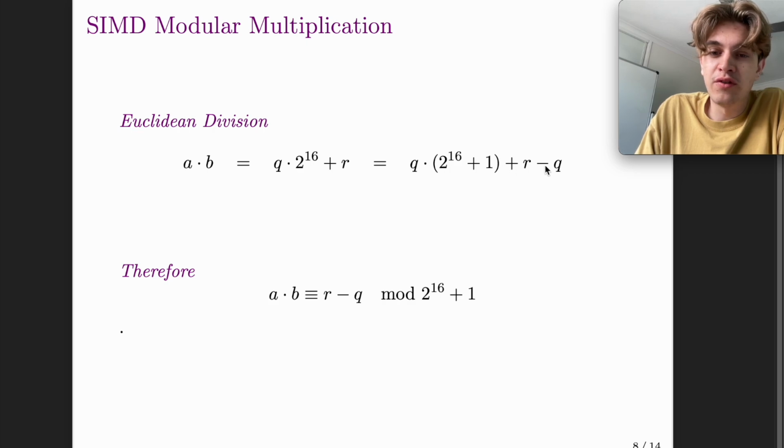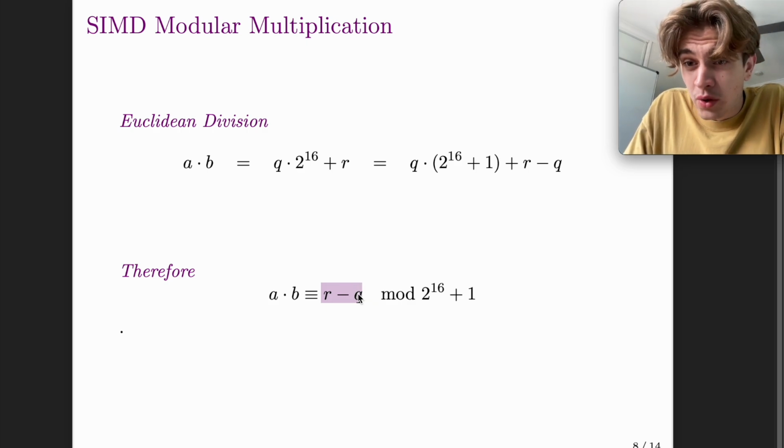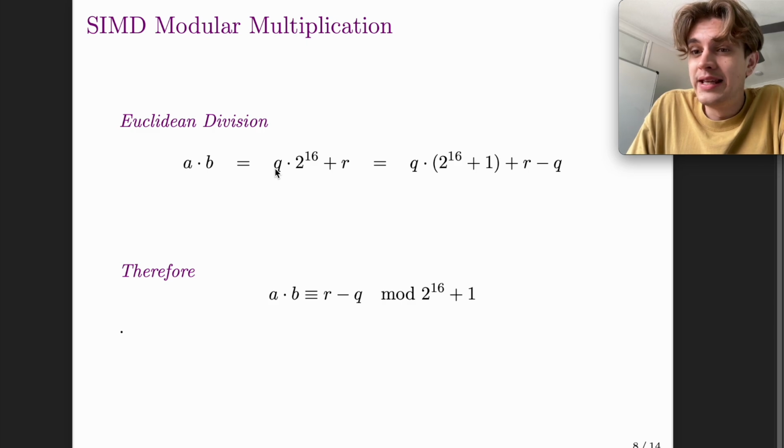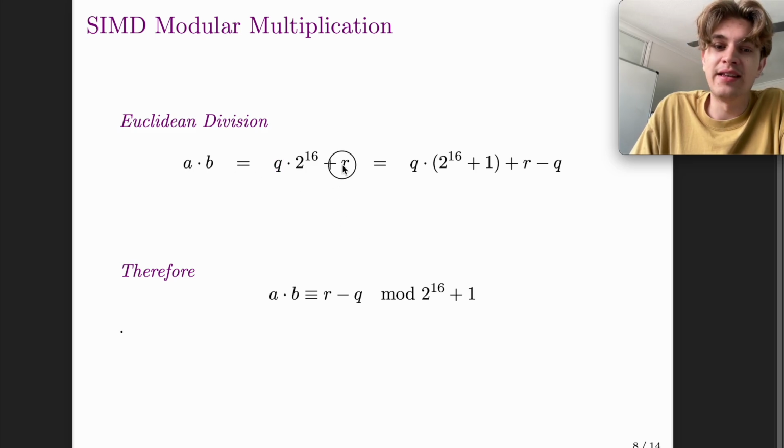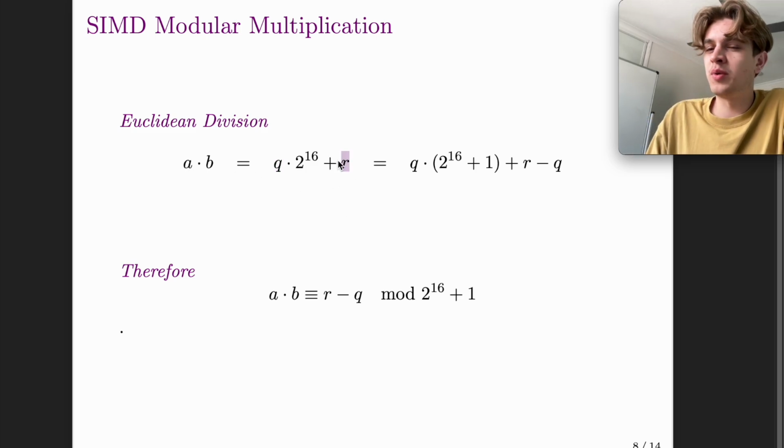Then when I reduce all of this mod 2 to the 16 plus 1, I'm just left with r minus q. What's nice about this is that r and q, the remainder and quotient, are really easy to compute, because the quotient is just the product bit shifted right 16 places, and the remainder is just the least significant 16 bits, which we can recover using a mask.